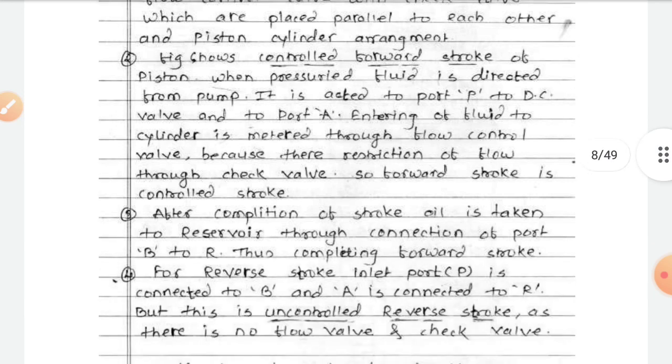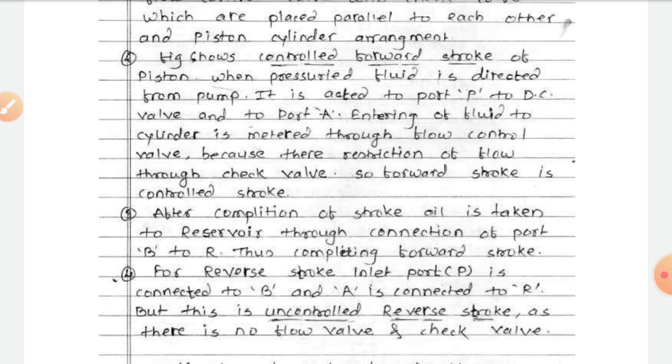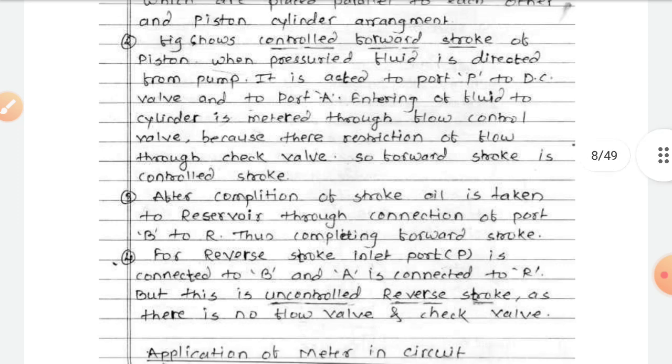After completion of the stroke, oil is taken to reservoir through connection of port B to R, thus completing forward stroke. For reverse stroke, inlet port P is connected to B and A is connected to R, but this is an uncontrolled reverse stroke as there is no flow valve and check valve.